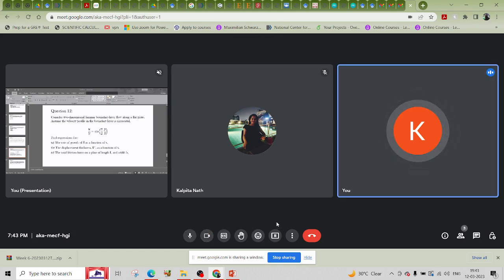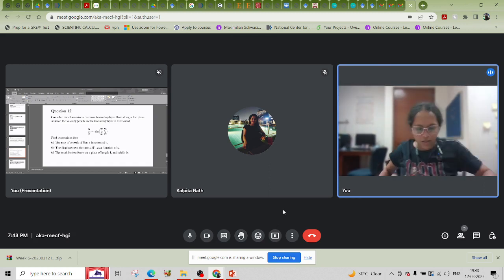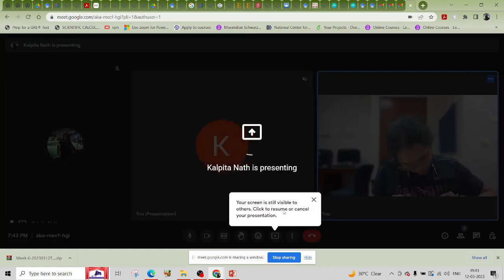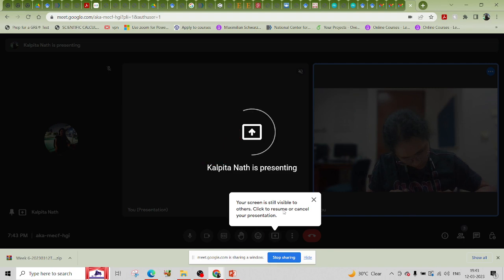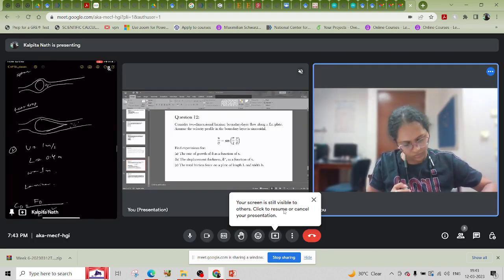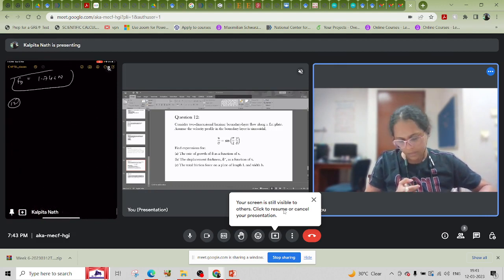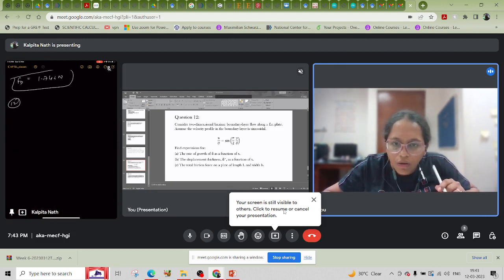Okay, so let us proceed with the solution of this problem. Let me connect the writing pad. So this is laminar boundary layer flow, two-dimensional, and the velocity profile is given.